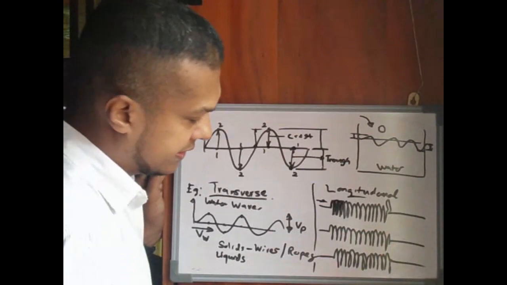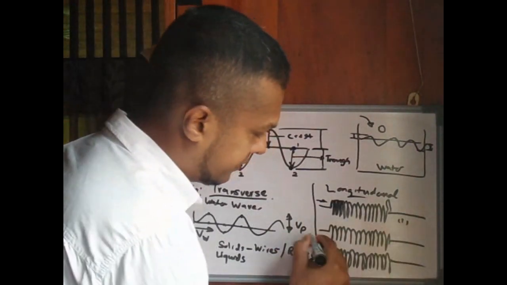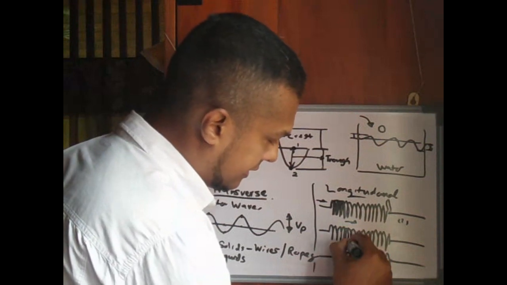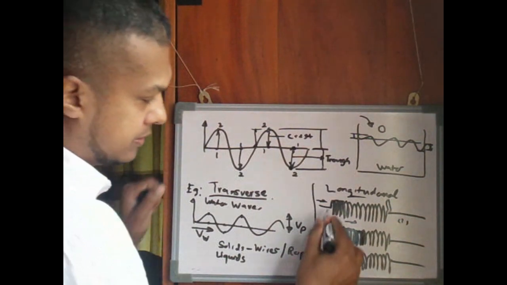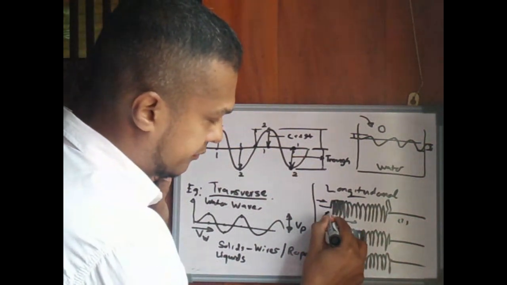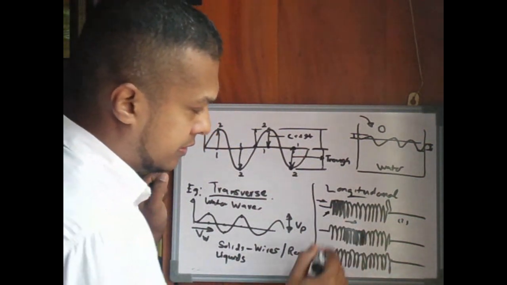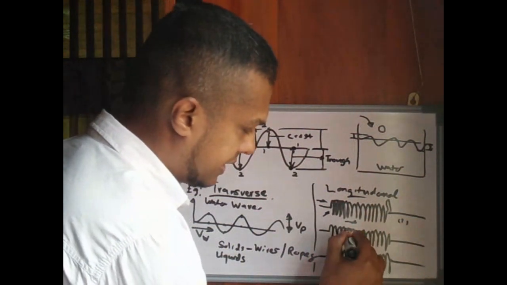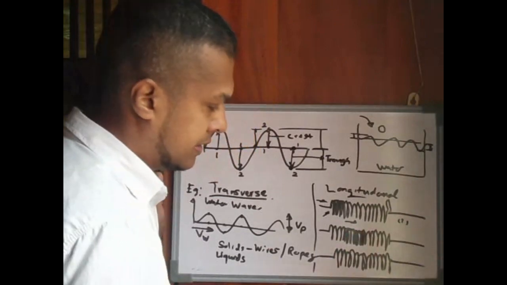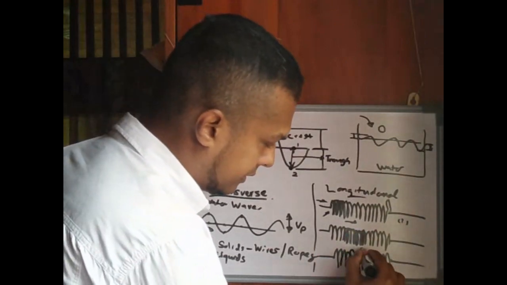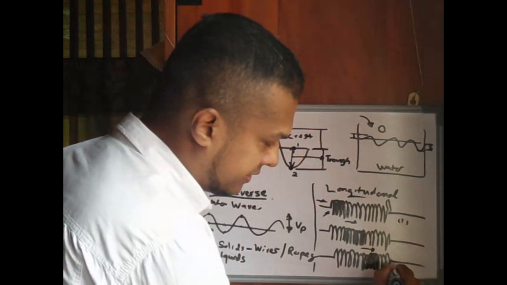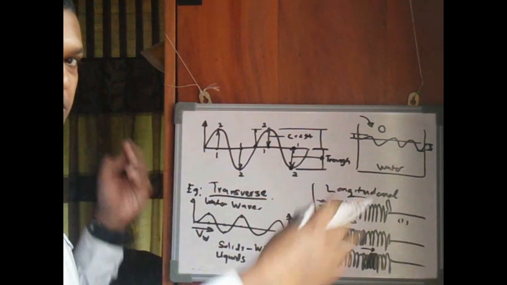That's position 1, and then it keeps moving in this direction, and the next point is here. That's the compression, and these areas are the rarefaction. Then it keeps moving in this direction, finally reaches here, and the energy releases.